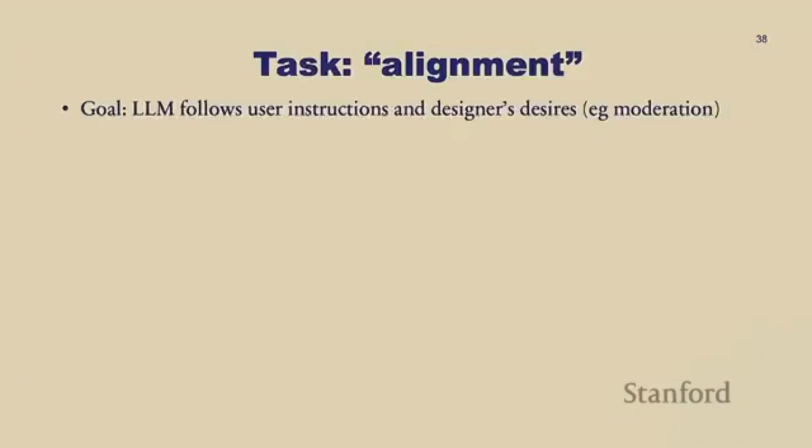So how do we do this alignment, which is this post-training and making these models assistants? The goal of this alignment is to basically get LLMs to follow the instructions that are given by users, and maybe some designers' desires. So think about moderation. You don't want the model, like OpenAI definitely doesn't want their model, to say stuff that is very toxic.